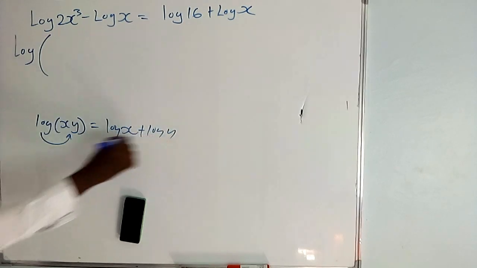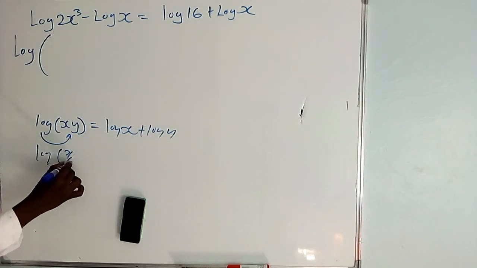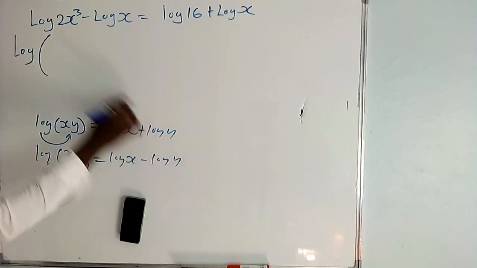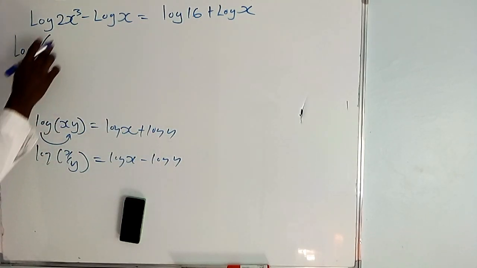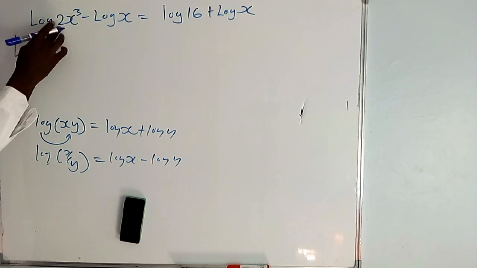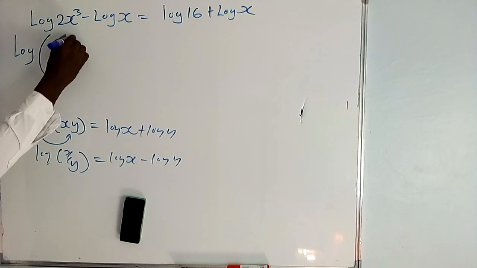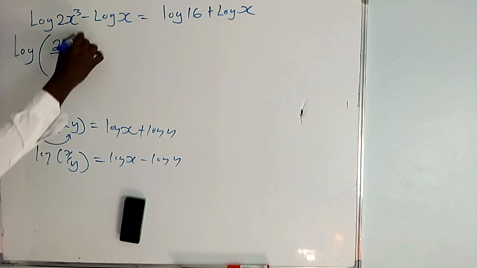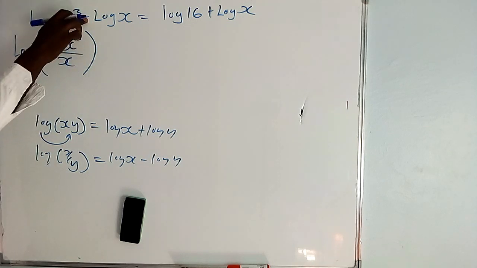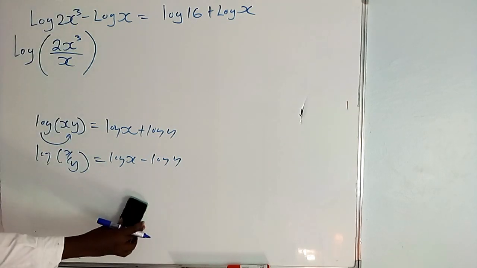If you take the log inside where there is division, it changes to subtraction, isn't it? So it means when we took the log inside, we got subtraction, meaning there was division in that problem, isn't it? So when we remove the log outside, it means we go back to our original problem, which is 2x cubed over x. So that the moment we were taking the log inside, the division changed to subtraction.